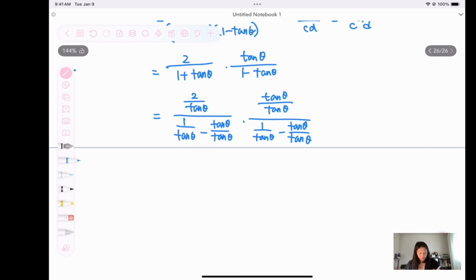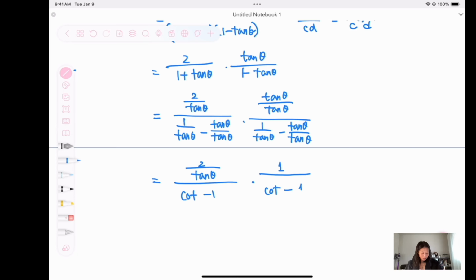So on the top, I got 2 over tangent theta, and then the bottom gives me cotangent. Okay, finally, the first cotangent. I got that. Minus 1 times 1 over cotangent. Oh, plus, this is plus. Sorry. Okay, maybe I can put this back together now because I got the cotangent, and now I multiply them back together. I have a 2 times tangent theta, and at the bottom gives me cotangent squared minus 1.